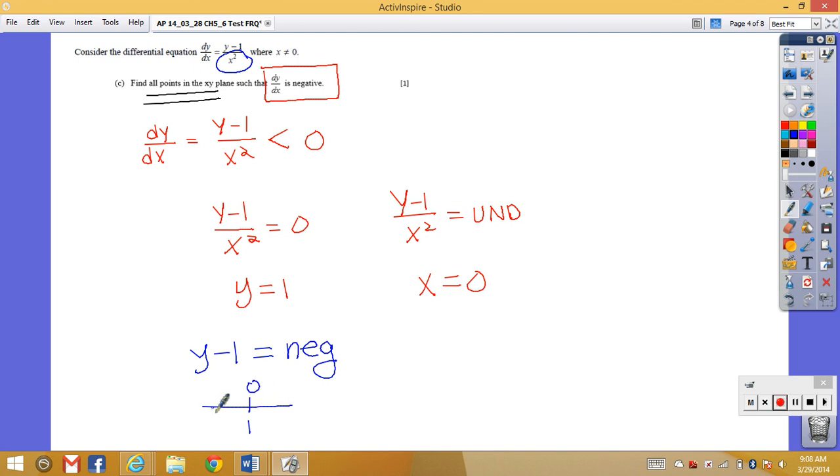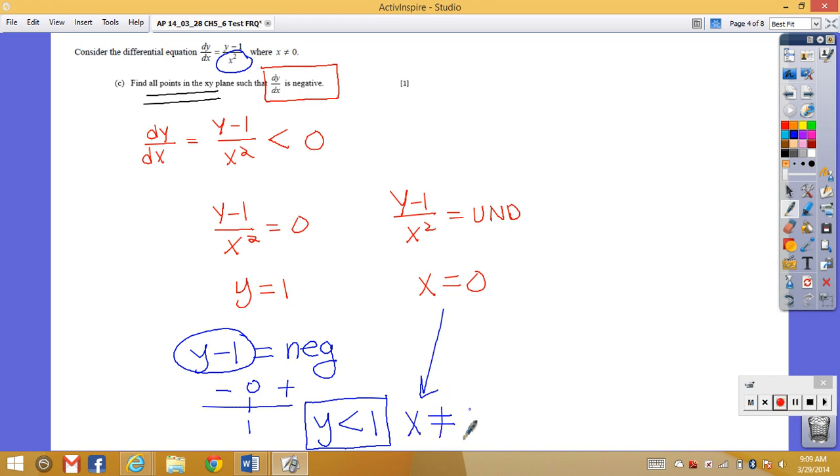If I put negative 1 million into this, it's negative, and if I put positive 1 million into this, I get positive, and into this I meant y minus 1. So it is negative when y is less than 1, and you could reason that out and not do a sign chart, but you needed to understand that you needed this piece that was part of it, and then I also needed you to realize x better not be 0. So that was the other piece I was looking for. Okay? And that was 1 point.